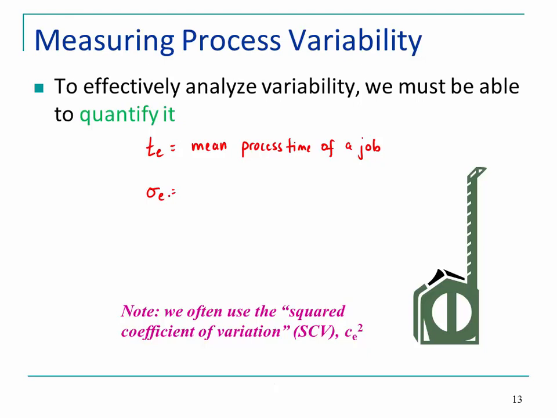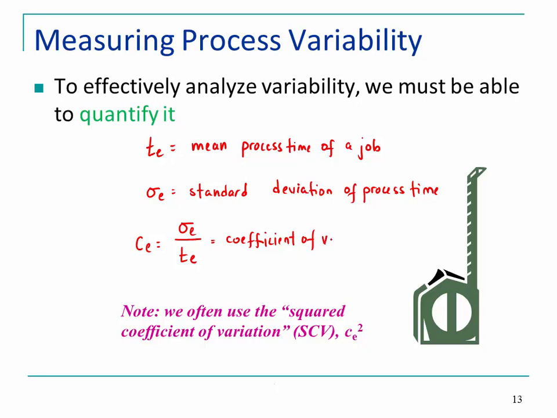So the standard deviation is going to be sigma, and the coefficient of variation, we're going to use CE, is going to be the standard deviation divided by the mean, and this is what we call the coefficient of variation, or we can also use CB.